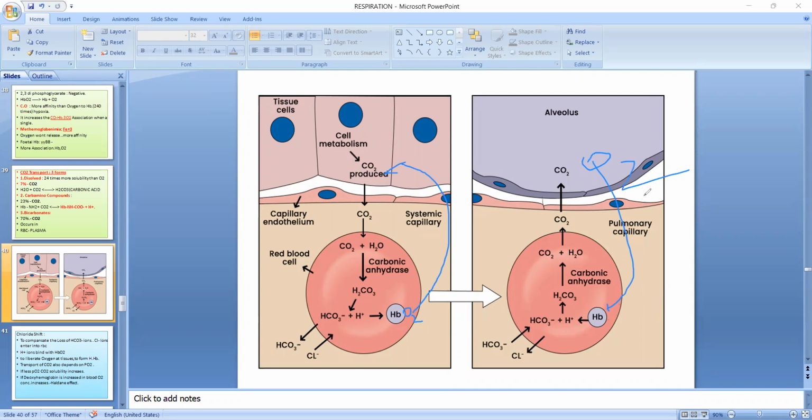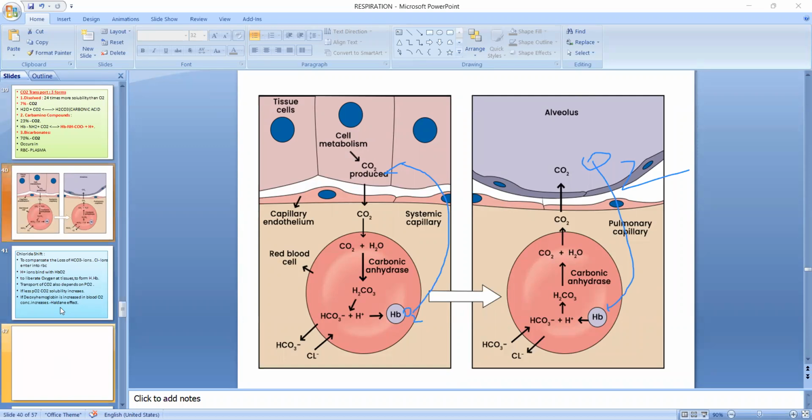So that is carried to the tissues, and here H2CO3 is dissociated into CO2 plus H2O with the help of carbonic anhydrase, and this CO2 is sent out from high concentration to low concentration by a phenomenon called simple diffusion. Okay, so that is transport of gases.